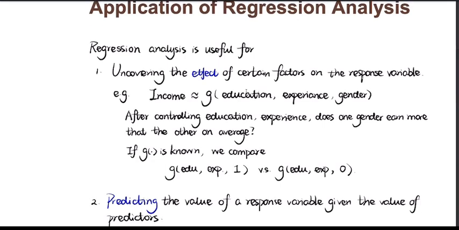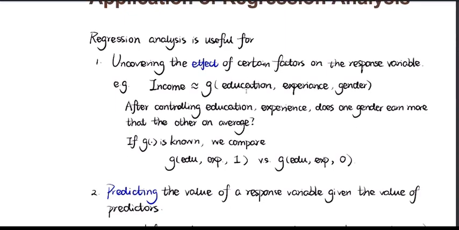Now, take a look at this. Regression analysis is very useful in uncovering the effect of uncertain factors on the response variable. Here, when you take a look at what I'm trying to display, income is approximately equal to G of, which means we want to look at the effect of years of education, experience, gender, on income. But let me tell you this. Maybe the very first thing, the primary variable of interest, could be education.